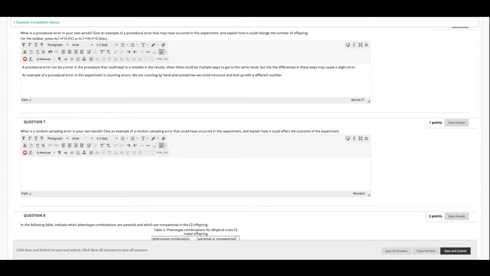Kind of going off what Mayana said in the chat, where each sample in the experiment has a chance of being chosen, basically like a generator giving a random number. And then Kayleen said taking the data from a sample means it doesn't reflect the population properly.